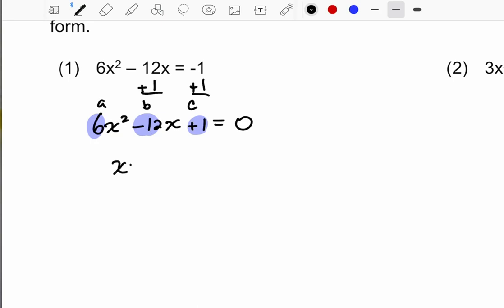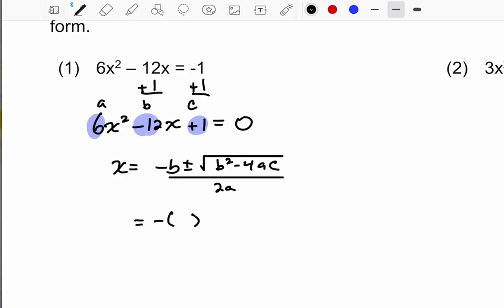So -b plus or minus the square root of b squared minus 4ac all over 2a. Yep.